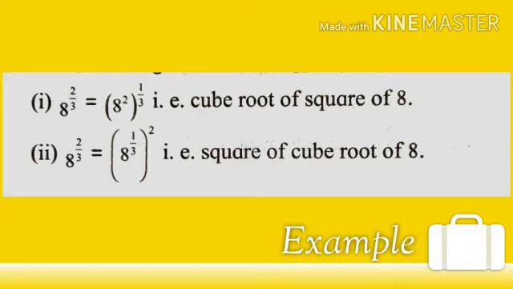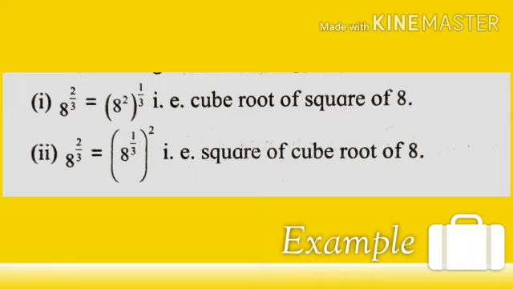In the second example, 8 raised to 2 upon 3 is equal to 8 raised to 1 upon 3 whole raised to 2. So, here whole raised to 2 means it is square, and 1 upon 3 means cube root. So, you will read this number as square of cube root of 8.